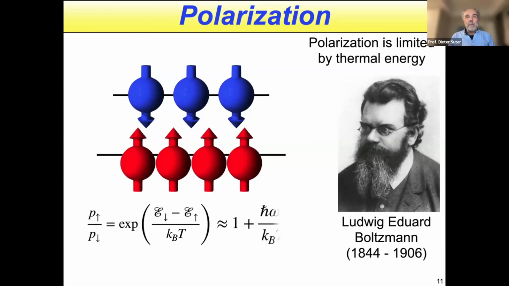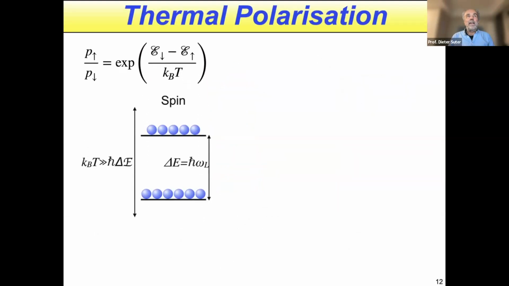Now, if you put in numbers, say a typical Larmor frequency and room temperature, you find that this comes to the 10 to the minus 4 to 10 to the minus 5 range that I mentioned before. So the thermal energy in this case is much larger than the Zeeman energy by several orders of magnitude.